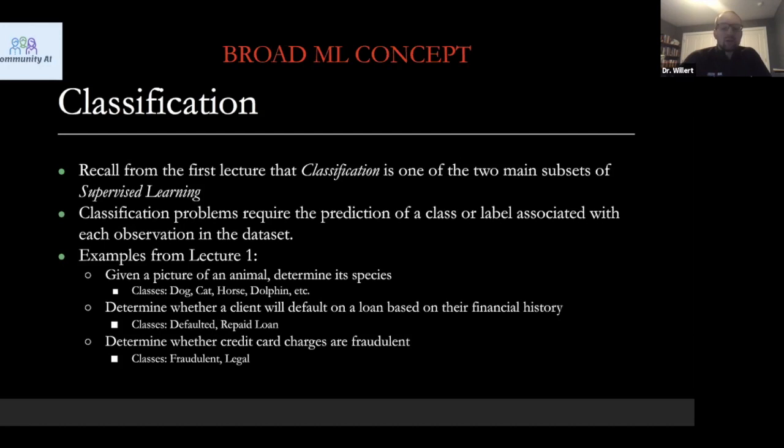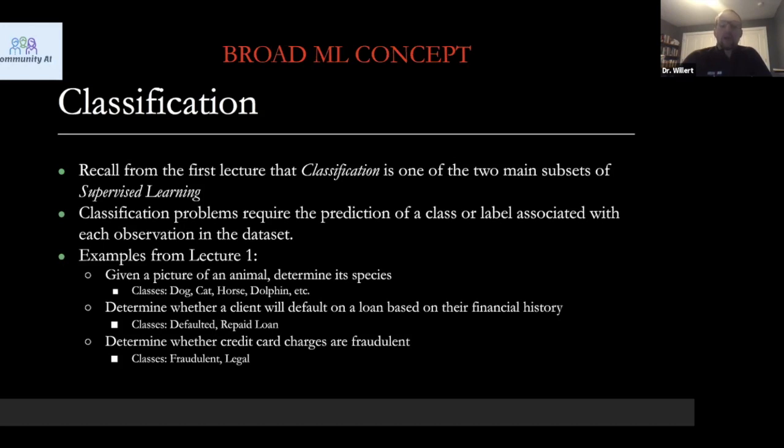So given a picture of an animal, we might ask the computer to determine its species. So here the classes would be dog, cat, horse, or dolphin, etc. Whatever classes comprise our whole set of pictures. And as a second example, we might want to determine whether or not a client will default on a loan based on their financial history.